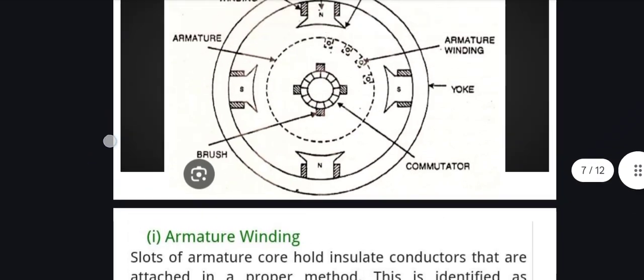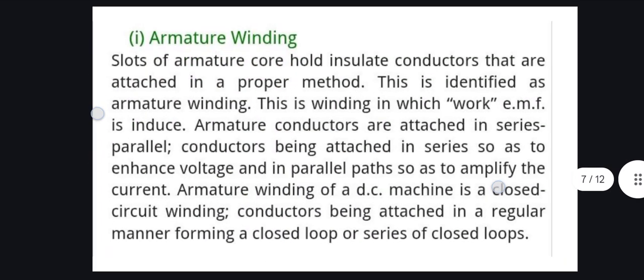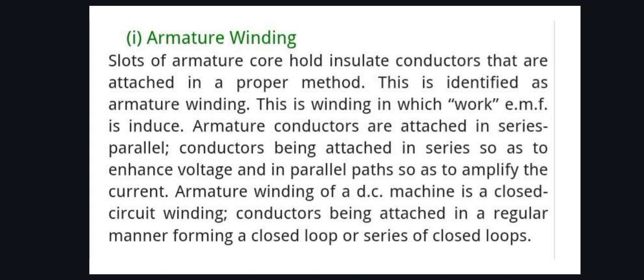First of all, let's see armature winding. Slots of the armature core hold insulated conductors that are connected in a proper method. This is identified as armature winding. This is the winding in which the working EMF is induced. Armature conductors are connected in series or parallel.